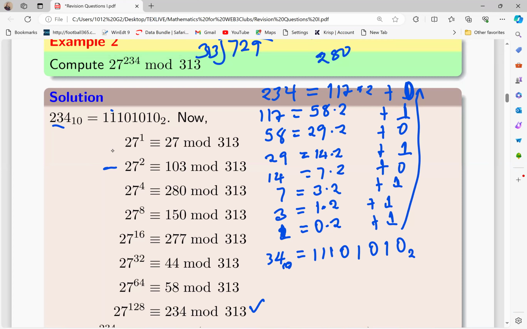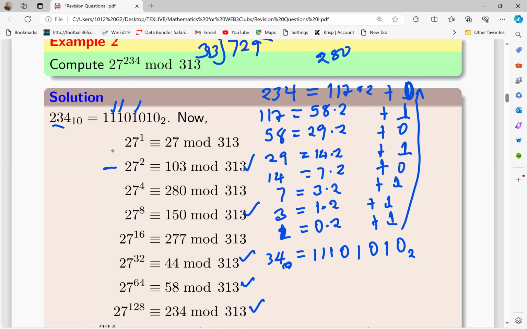Then the second last, those which are above 1. Then we shall pick the third last. We shall skip the one which has a 0 and pick the next one. We shall again skip the one which has a 0 and pick the next one.